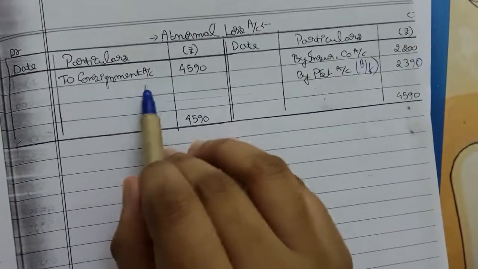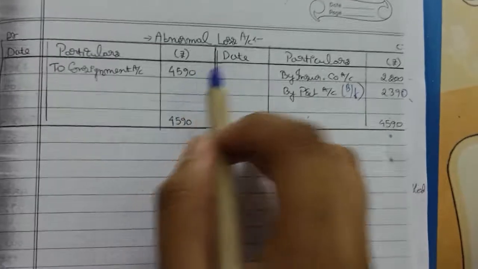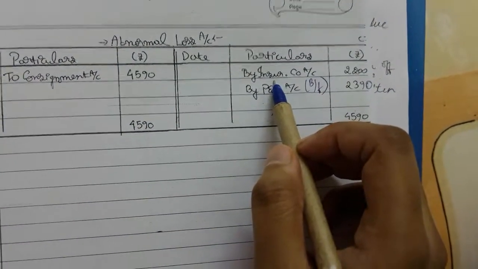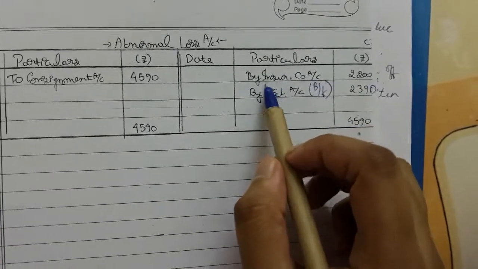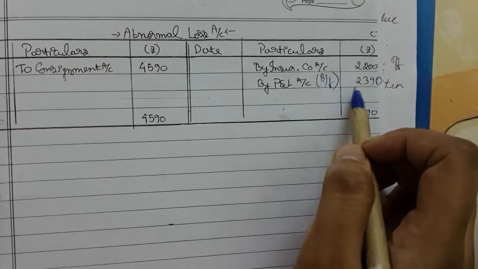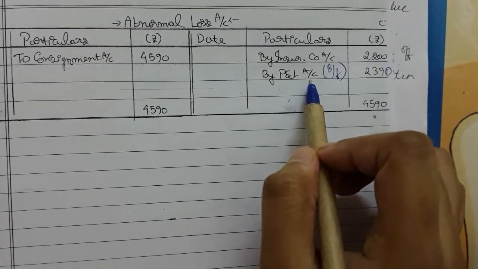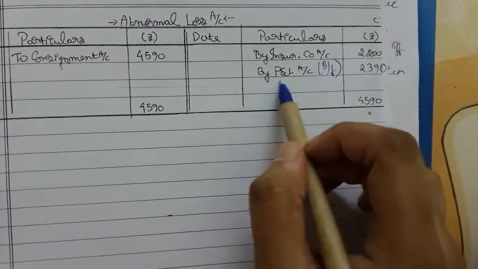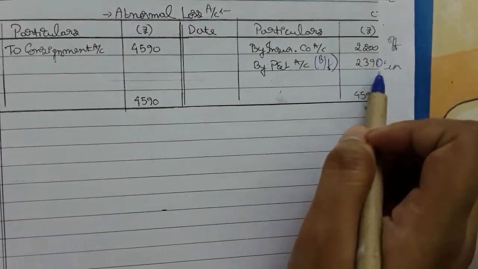On the credit side, the insurance company has paid 2,200 rupees. So we record by insurance company account 2,200. The remaining balancing figure is a loss for the company, so by profit and loss account, balancing figure 2,390.